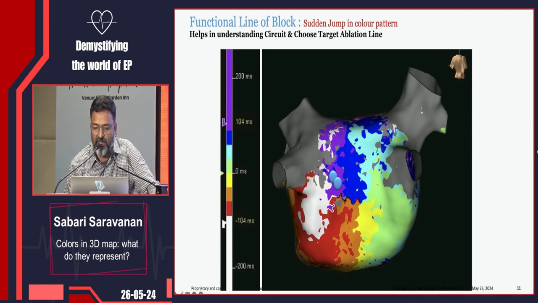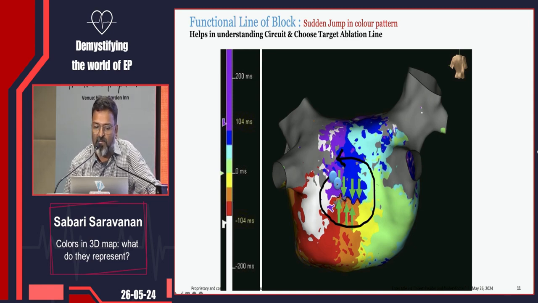So it is going around the re-entry here. So what is happening in between? In between, you have a purple color, below that you have a red color, you have a blue color, you have an orange color. That means there is a sudden jump in the color. That means the wavefront is not coming from top to bottom in this area, nor is it coming from bottom to top. So this area is called a functional line of block.